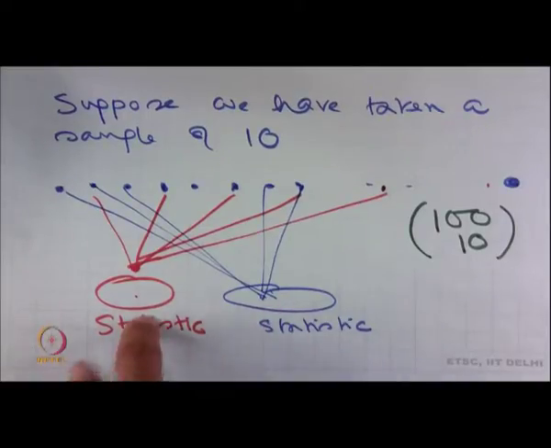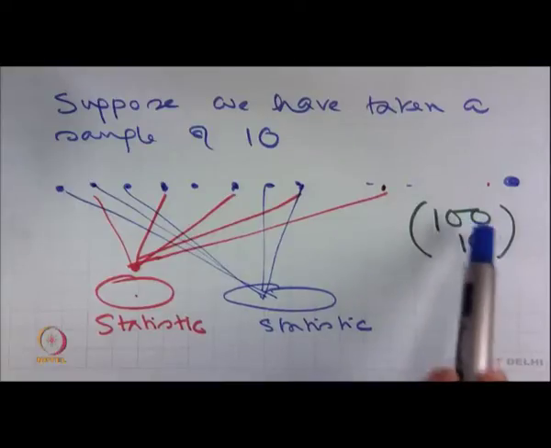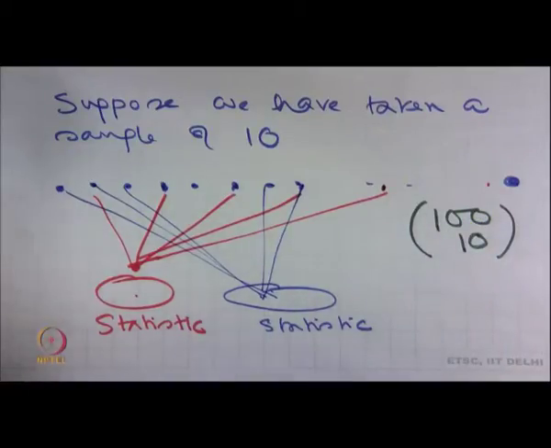This is the statistic that I am going to use to estimate the population parameter. However, this statistic is random, as there can be as many as 100 C10 different statistics.